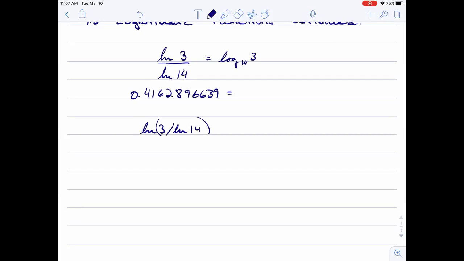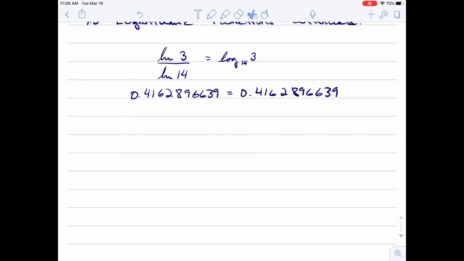Okay, let's see here. The natural log of 3 divided by natural log of 14. So that'll do it. Yeah, and then let me just use that log base 14 of 3. Yeah, I get the same number, 0.41628966639. Just want to make sure I'm not working towards the wrong number.